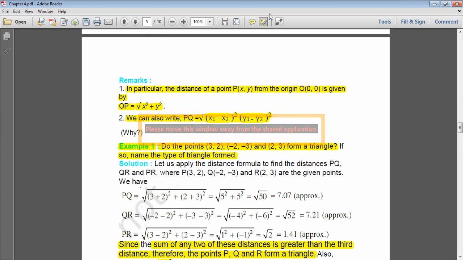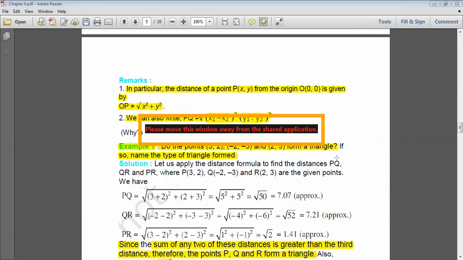So some of you are saying that you can actually use the points to mark, to draw it in the graph. Okay, you can draw that. You know how to plot a point: (3, 2), (-2, -3), and (2, -3).